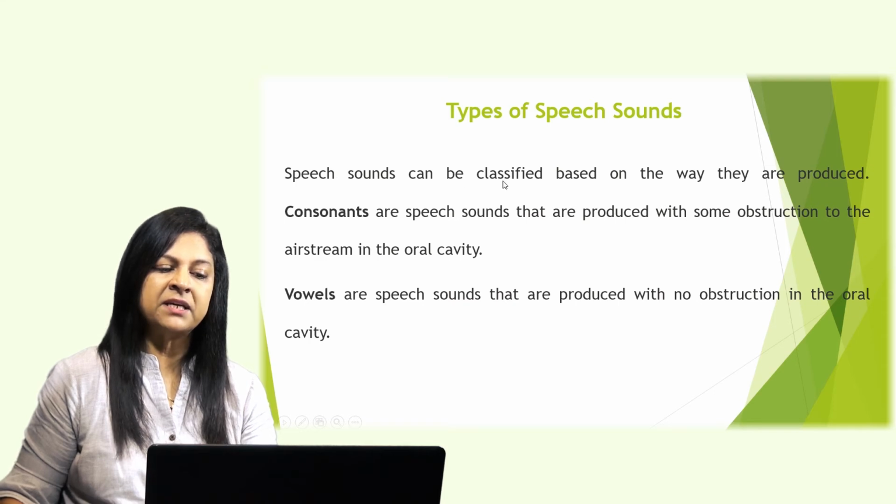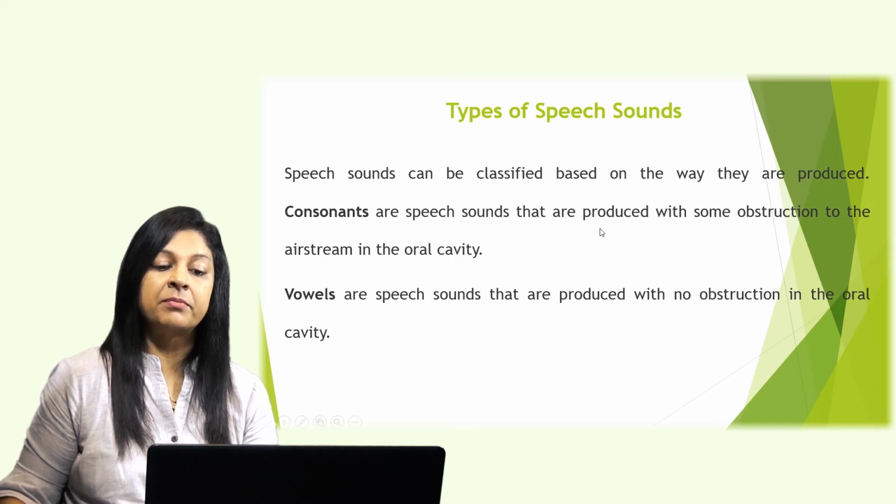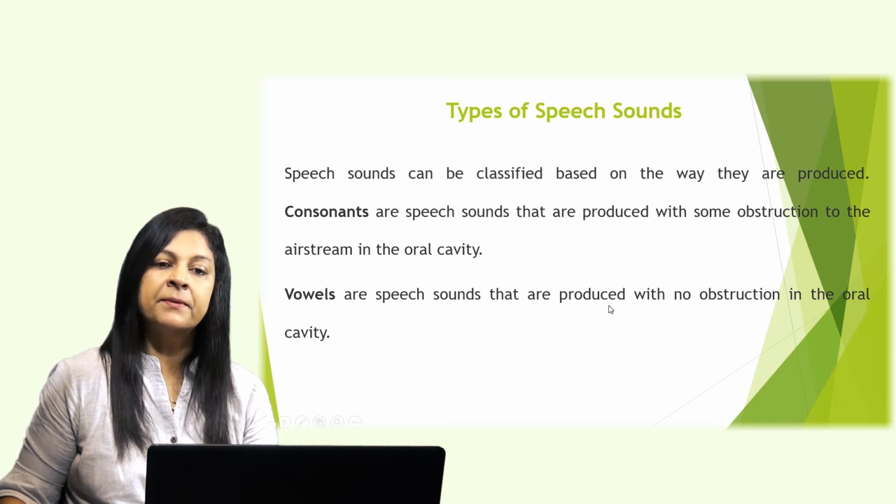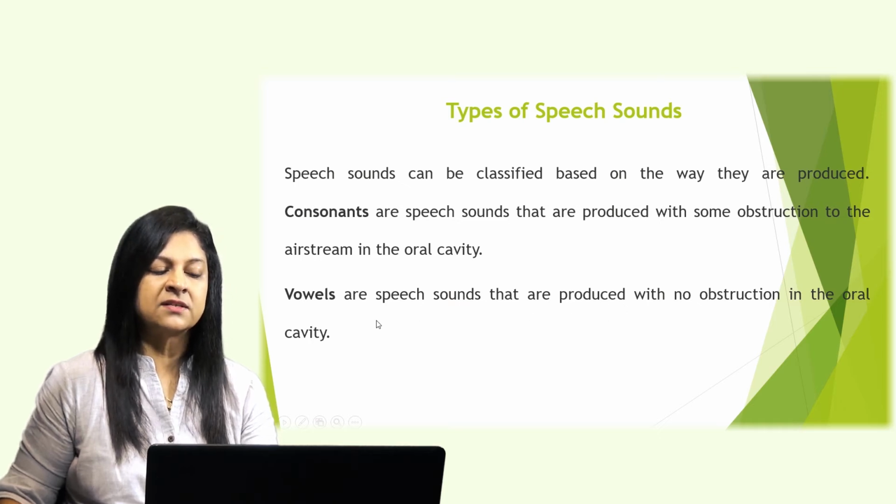Types of speech sounds. Speech sounds can be classified based on the way they are produced. Consonants are speech sounds that are produced with some obstruction to the airstream in the oral cavity. Vowels are speech sounds that are produced with no obstruction in the oral cavity.